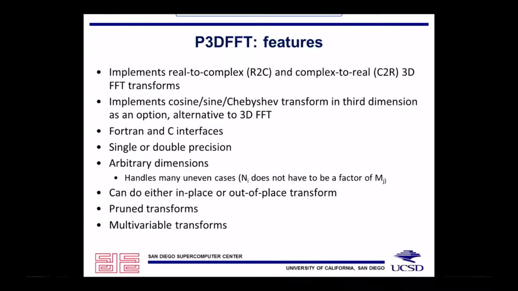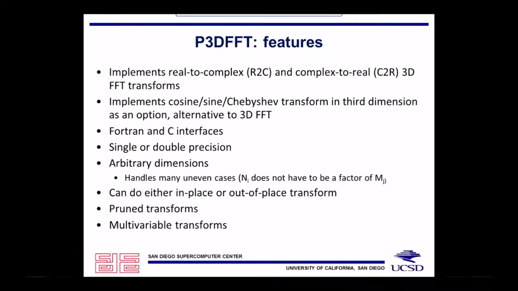Okay. So here I listed the main features of P3DFFT as it is today. It implements real-to-complex and complex-to-real three-dimensional Fourier transforms. It also implements cosine, sine, and Chebyshev transforms in the third dimension as an option, because many scientific codes need this option.